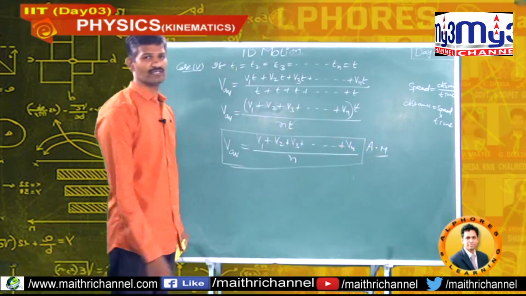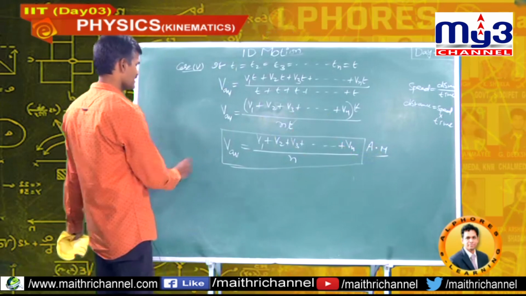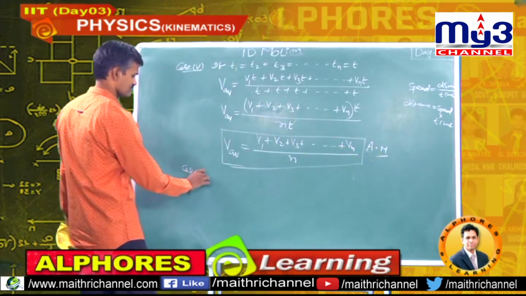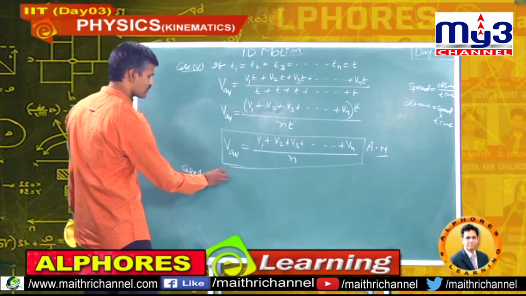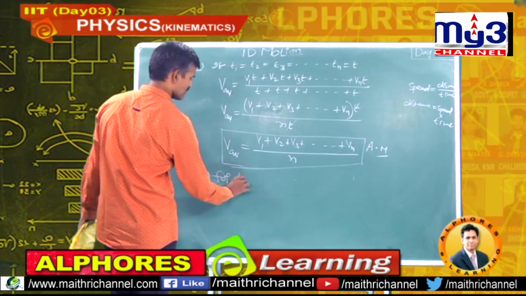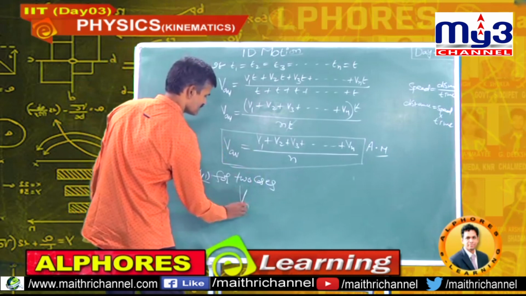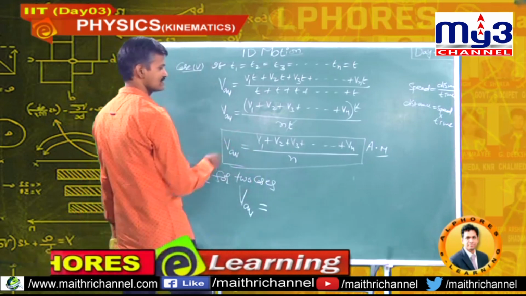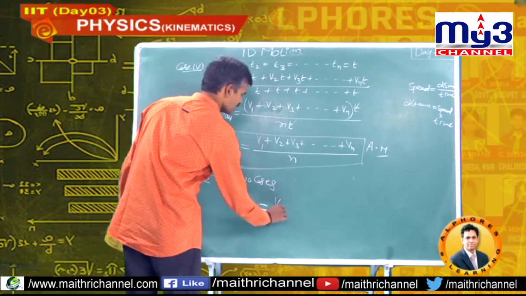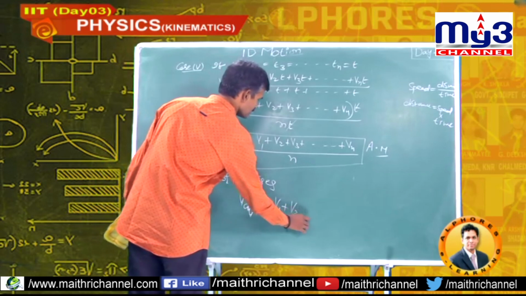This is arithmetic mean. If you consider case 6, only 2 cases, we can write V average as V1 plus V2 by 2.